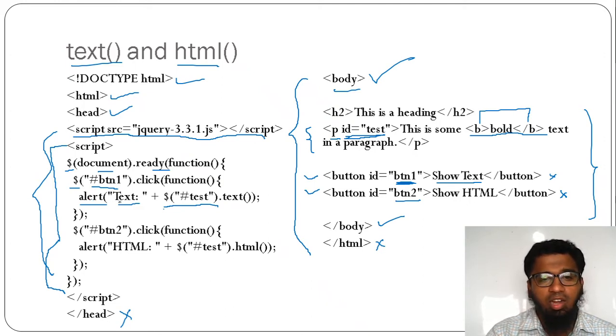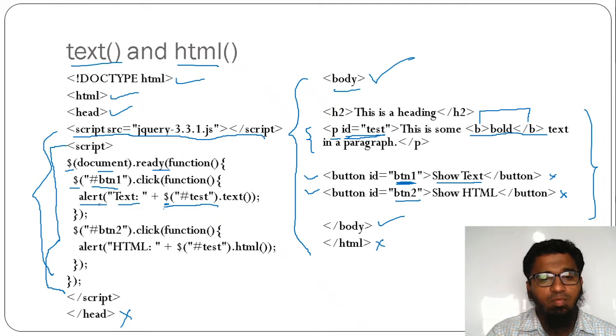Alert text will be like a label, and plus dollar is the symbol and test is the selector. We are selecting this test, dot text action. Whatever text is available in this paragraph tag will be displayed in the alert box. And we will close this flower bracket, normal bracket and semicolon.